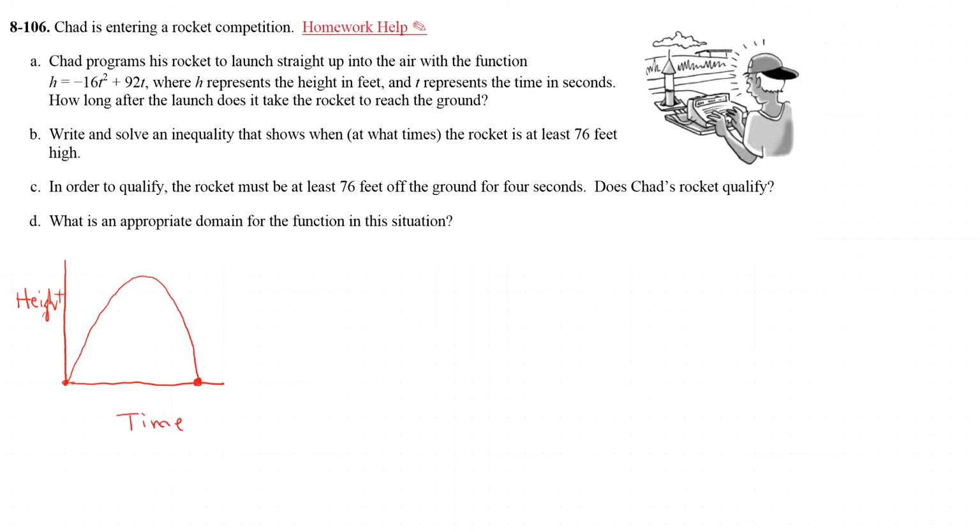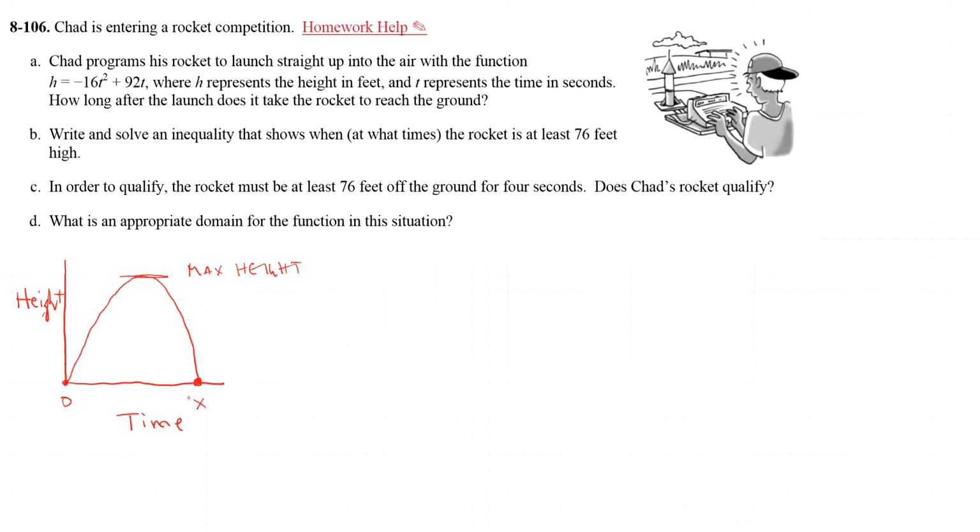So this is 0, and then this is some time x, and this height up here is the max height that the rocket reaches. The difference between these two, the starting time and the finish time, is the elapsed time that the rocket's been in the air.